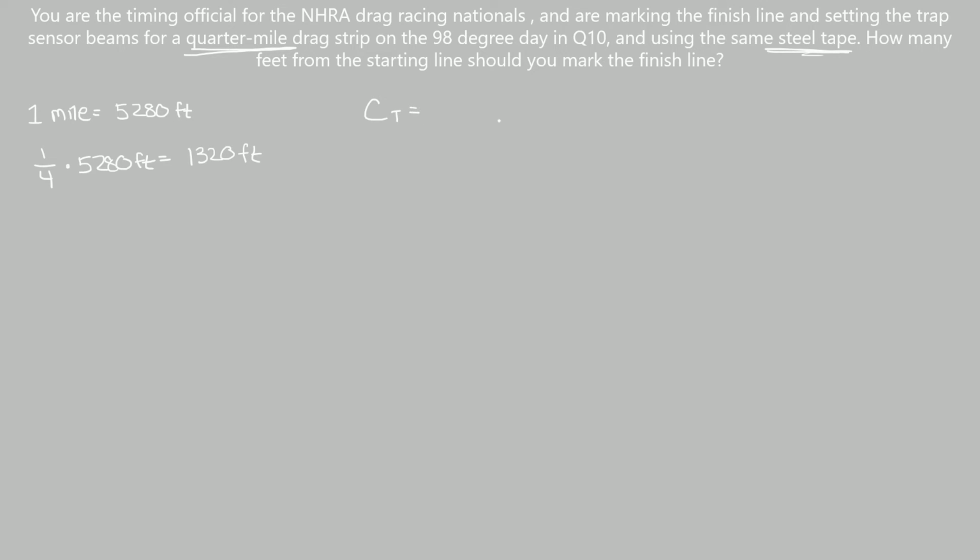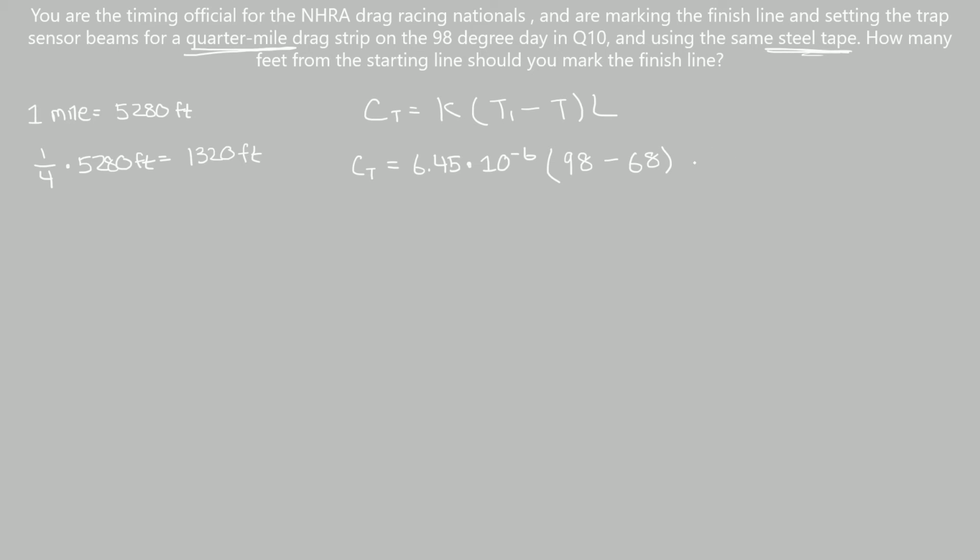So let's go ahead and find the correction. Remember the equation, CT is equal to our K constant times our temperature minus the comparison temperature, times the length. So now we can just plug in. K is given, the 6.45 times 10 to the -6 constant. And our T1 is 98 degrees minus the comparison temperature, 68 degrees.